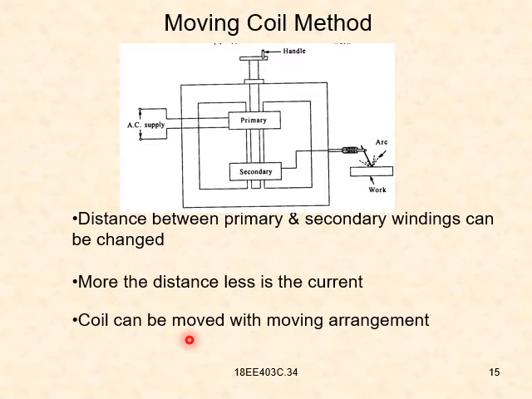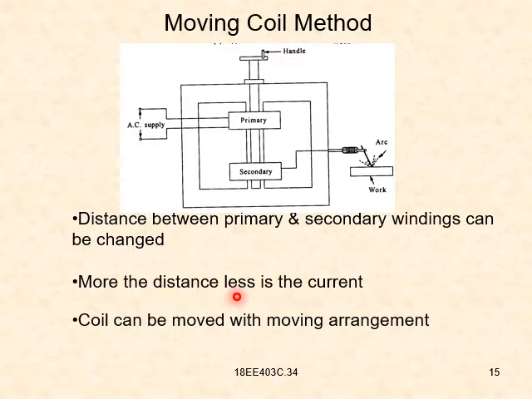And coil can be moved with moving arrangement. So this is the primary coil and this is the secondary coil, and that coil can be moved with a special moving arrangement. That is why it is called a moving coil method. So the main thing is more the distance, less the current. The primary and secondary distance, if it is more, then the current is less.